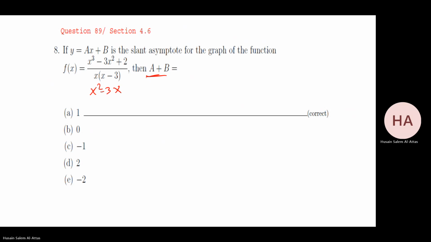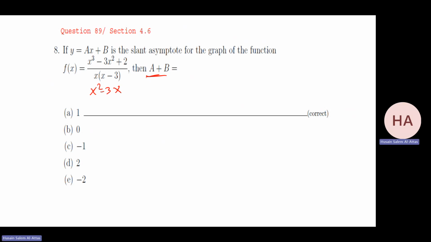No. A equals 1 and B equals 0. So a plus b will be 1, which is this one. I'll stop here.